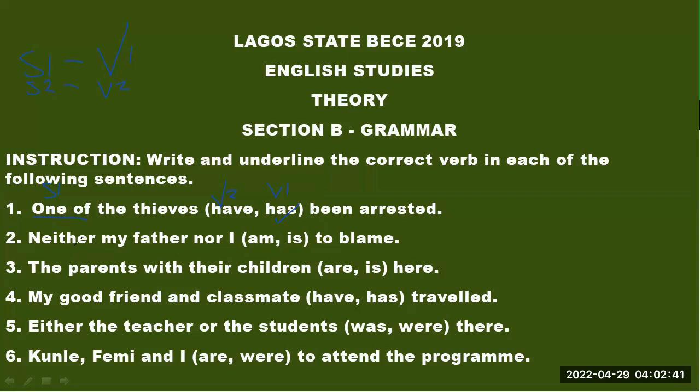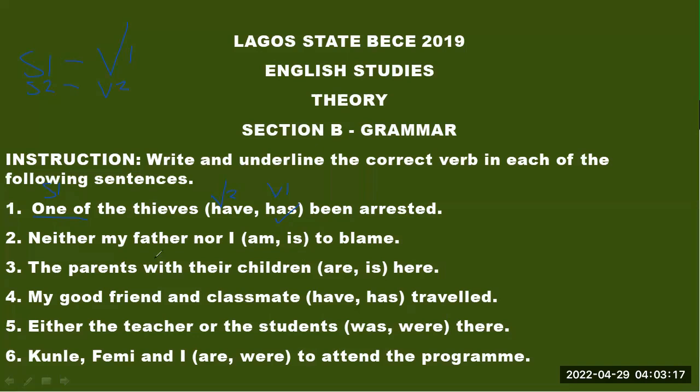Where you have this correlative neither or either, if it is a singular subject that follows neither, then the verb should be singular. But where you have two, of course, you always have two when you have neither nor.